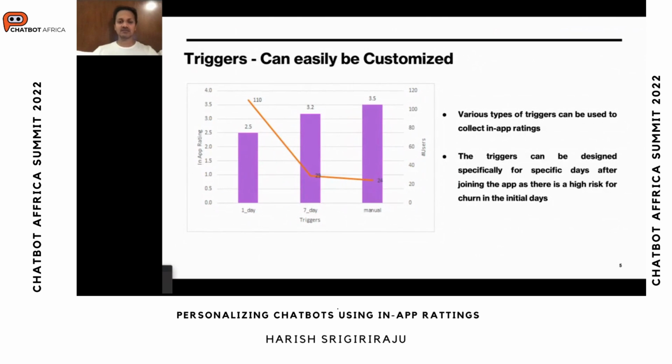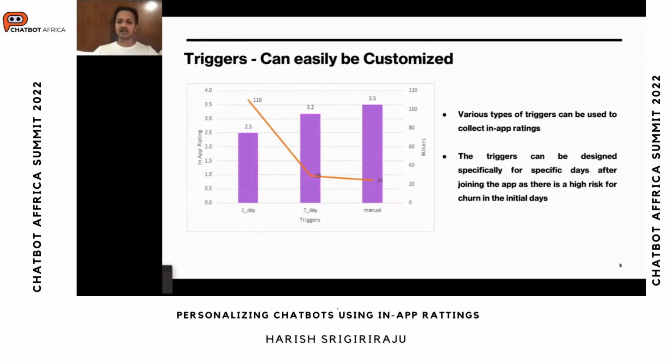Another thing that can be done is you can create certain triggers as well. Let's say maybe not after every chat you want to capture the data, because the user might be overwhelmed. Every time I finish my chat, you're asking me for a rating, so it almost might feel like spam. So what you can also do is set specific triggers.